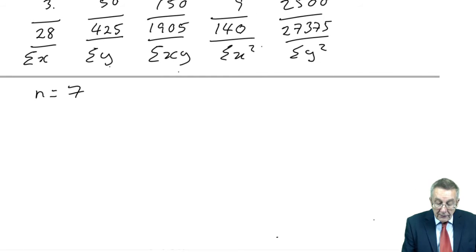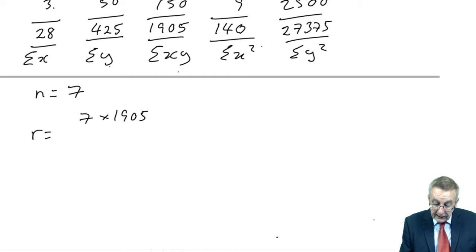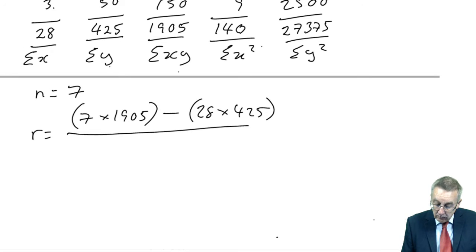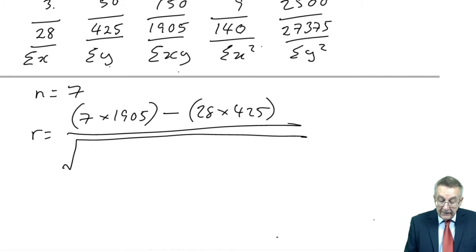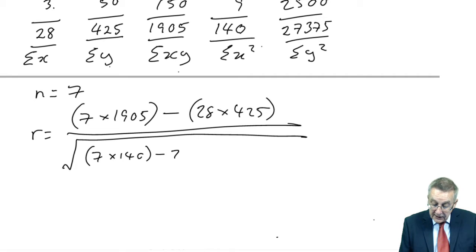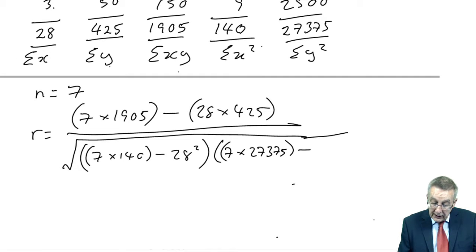That's better. Let's use the formula for R. The top bit, it's n, which is 7, times sigma xy, which is 1905, minus sigma x, which is 28, times sigma y, which is 425, divided by the square root of 7 times sigma x squared, 140, minus sigma x all squared, 28 squared, times 7 times sigma y squared, minus sigma y all squared.